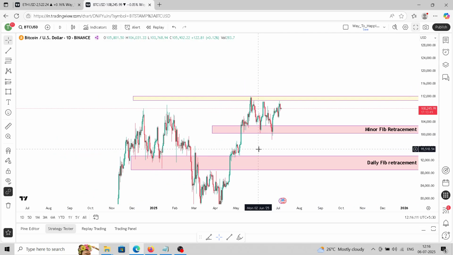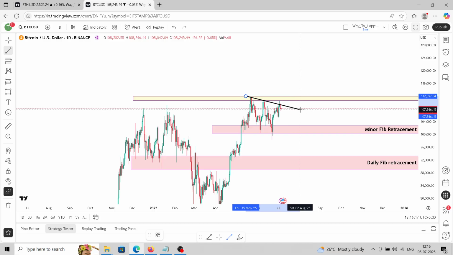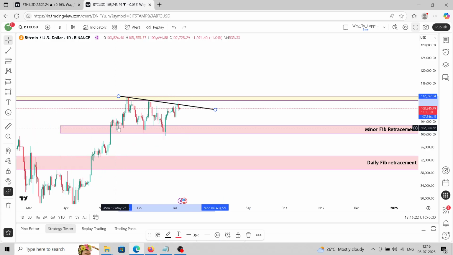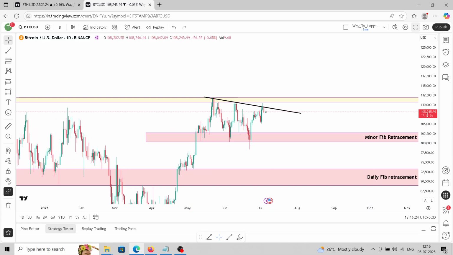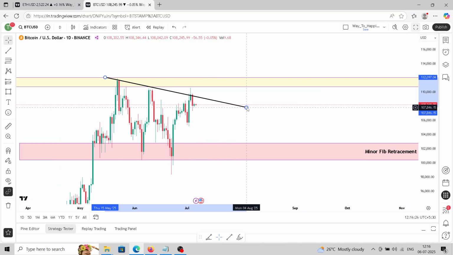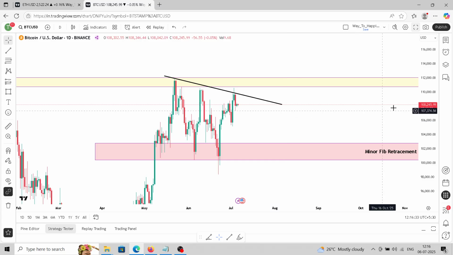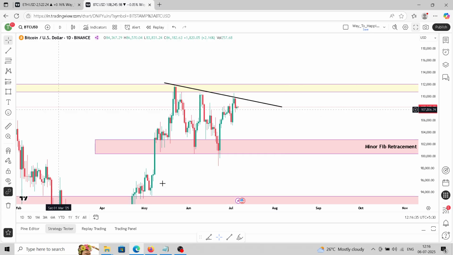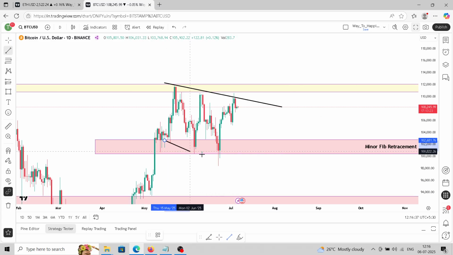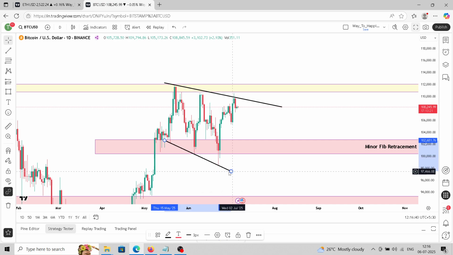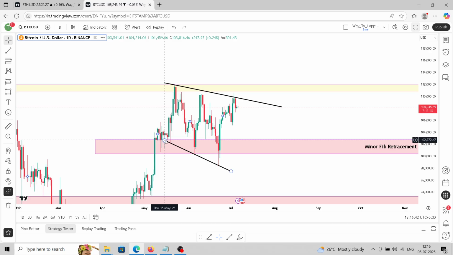Is there anything else happening on the daily time frame in the BTC chart? On the daily time frame, I see another thing here. Let me make it a little bigger. Something like that BTC is trying to do. Is it a flag pattern? Yeah, it looks like it's a flag pattern it is trying to create.